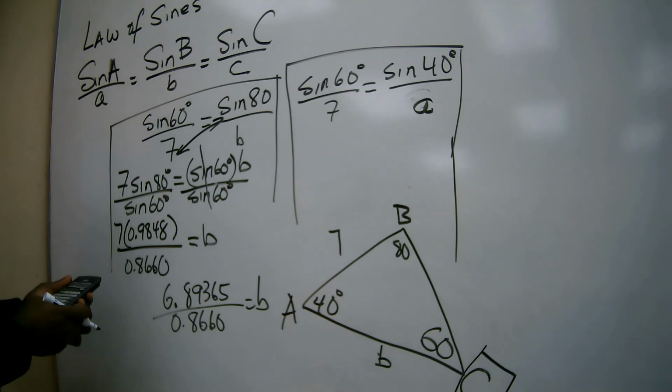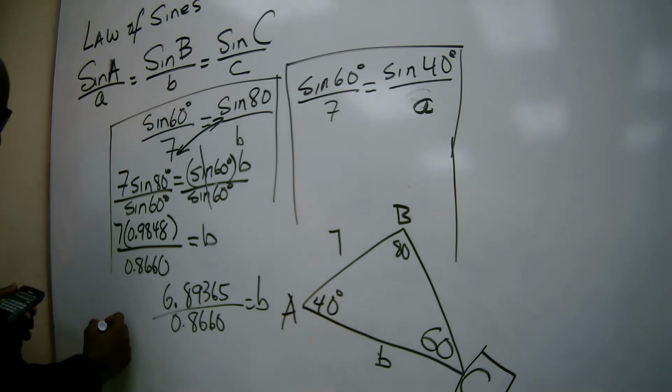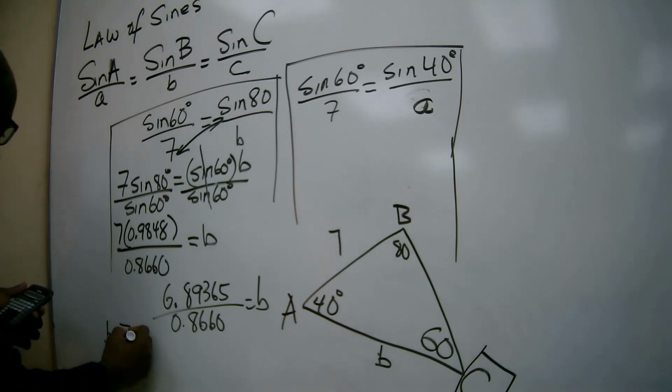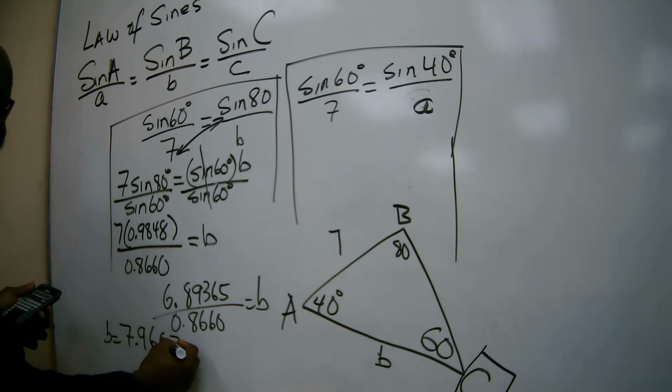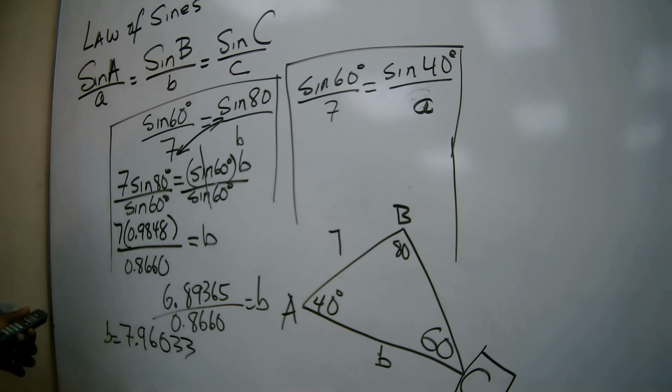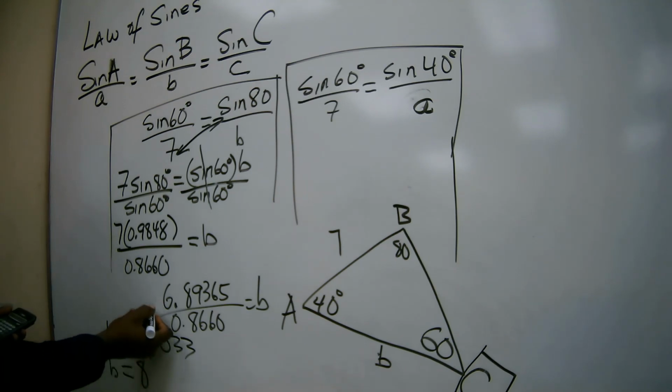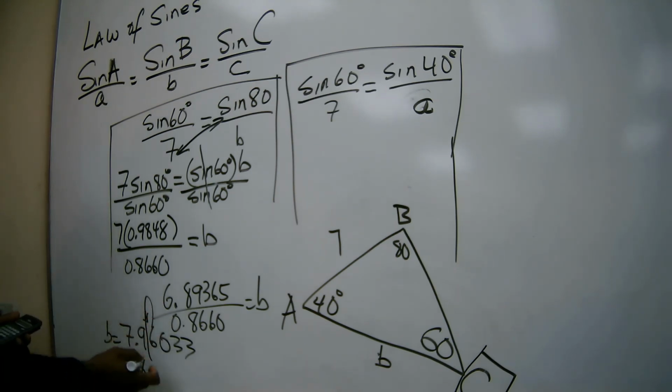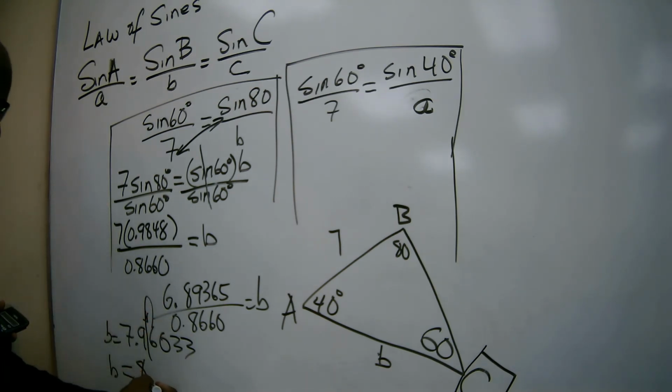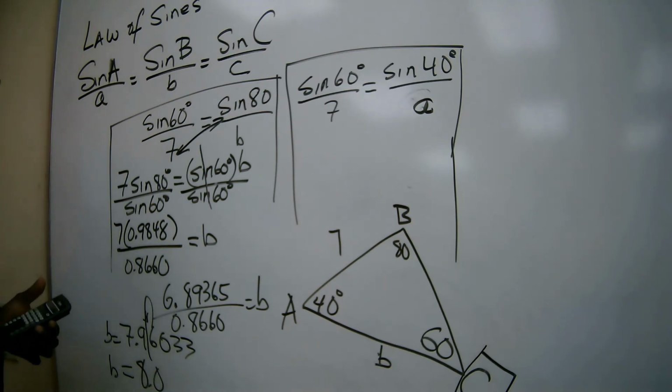Then b is 7.96023. We're going to round this to the nearest tenth. Therefore, b is about 8 units. Since this digit is higher than 5, you add 1 to that, giving you the domino effect. That will be 8.0 is b.